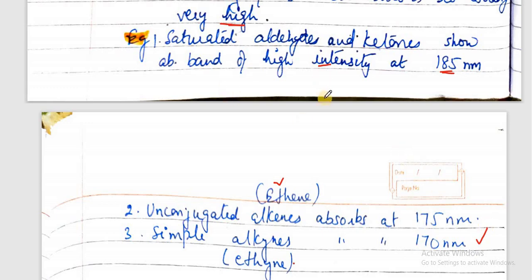So the compounds with multiple bonds show pi to pi star transitions in the range: aldehydes and ketones at 185, alkenes at 175, alkynes at 170 nanometer.